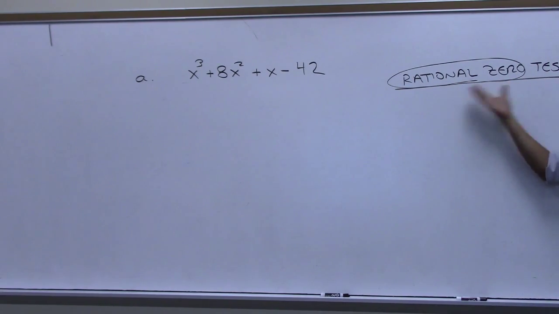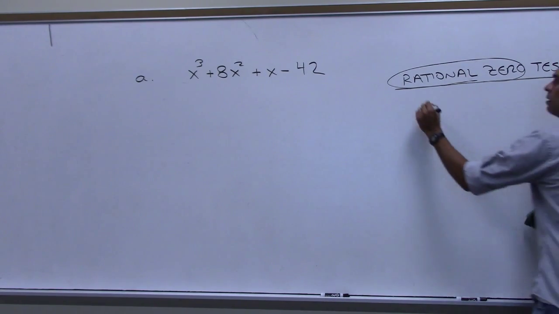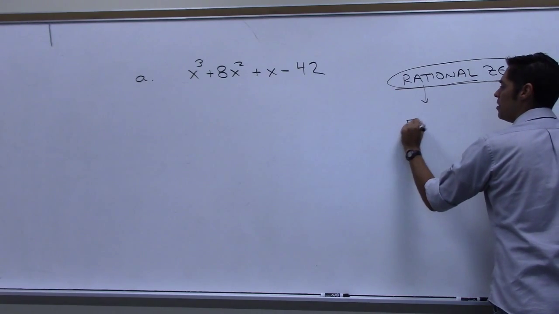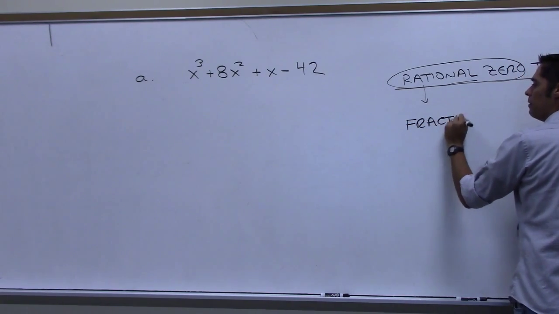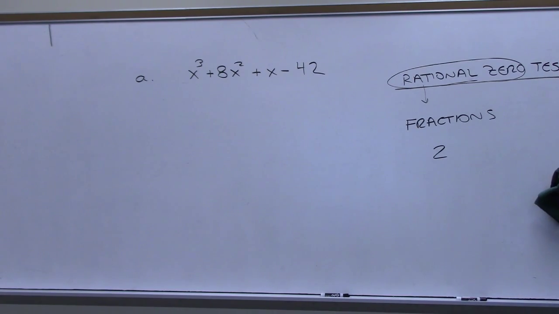So what is a rational number? We have to know what a rational number is. A rational number is any fraction you could possibly think of. So 2 is a fraction, isn't it? 2 over 1. Negative 5 is a fraction, right? Negative 5 over 1. 1/2 is a fraction. Negative 3/5 is a fraction, right? There's a lot of fractions.